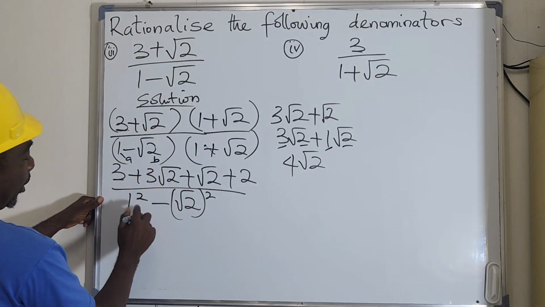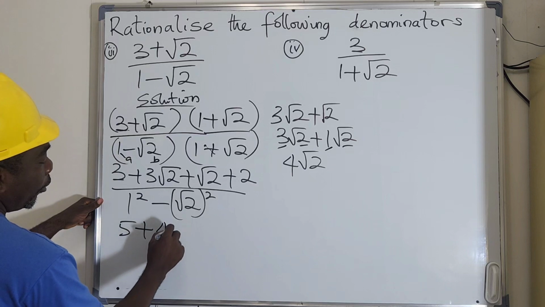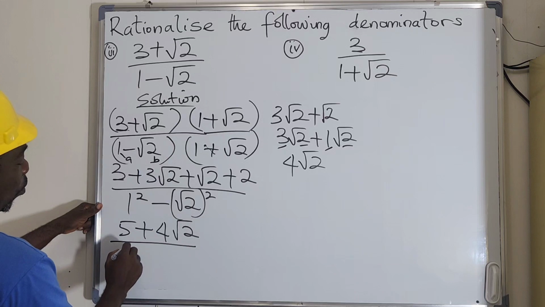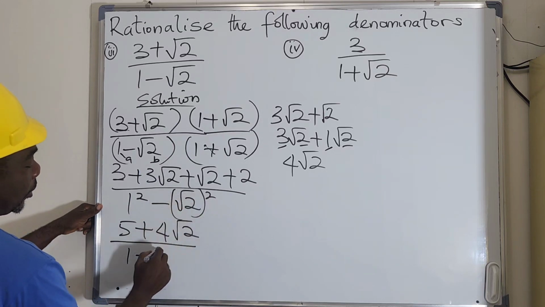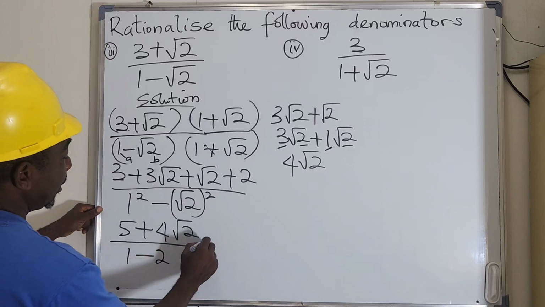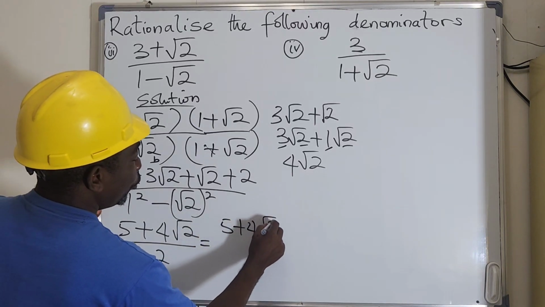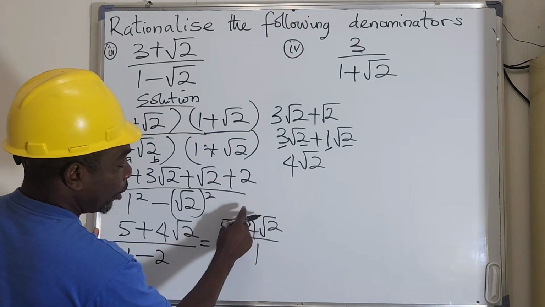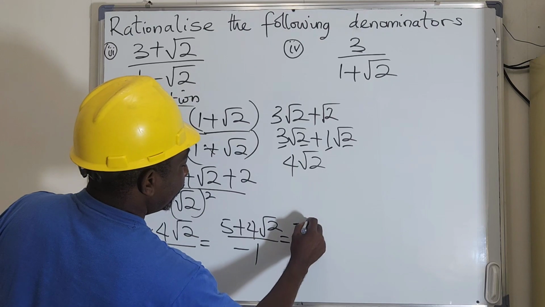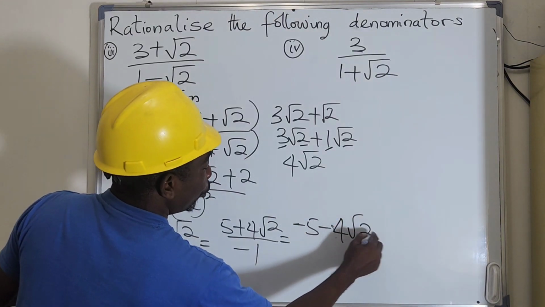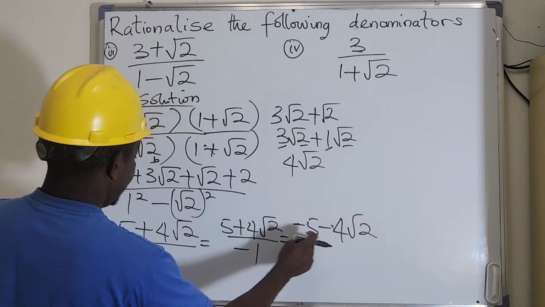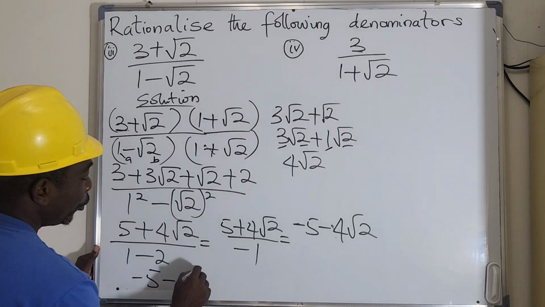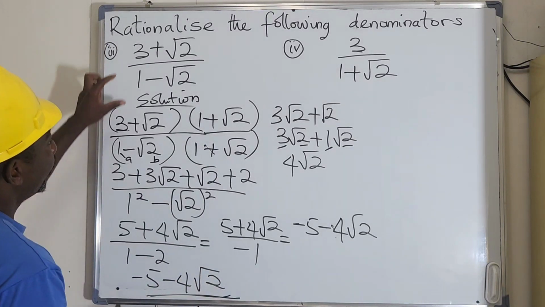So there will be plus 4 root 2 all over 1 minus 2. So this is the same thing as 5 plus 4 root 2 all over minus 1. So when we divide all through by minus 1, we will have minus 5 minus 4 root 2. So that becomes minus 5 minus 4 root 2. So this is what we have from this.